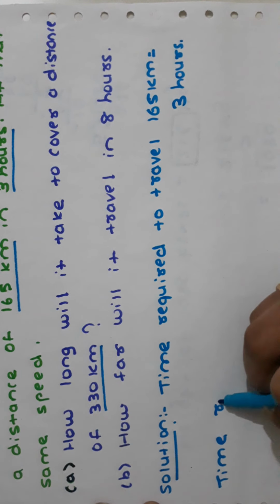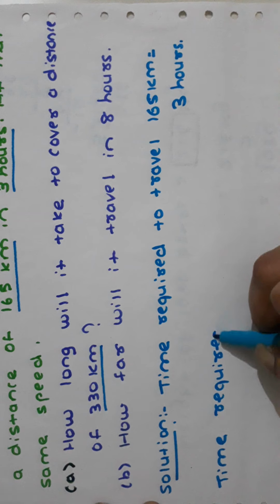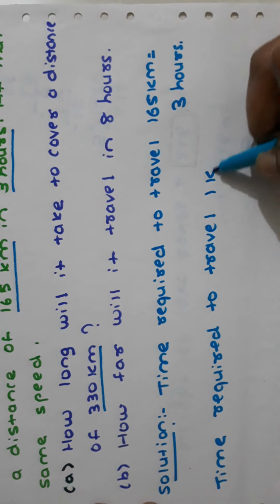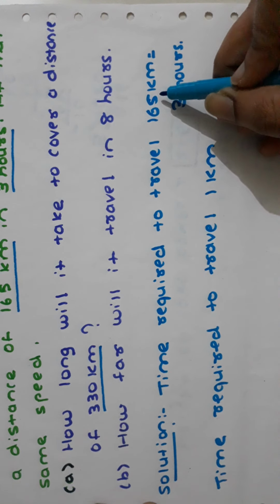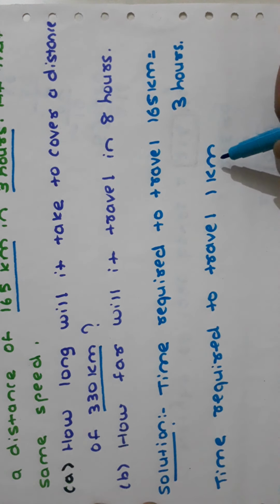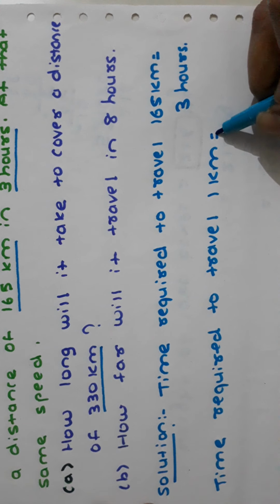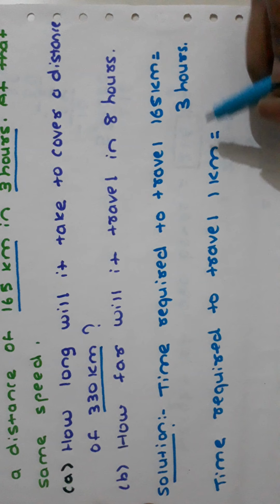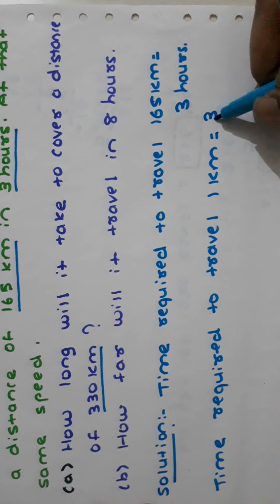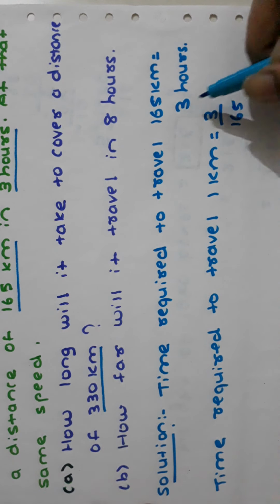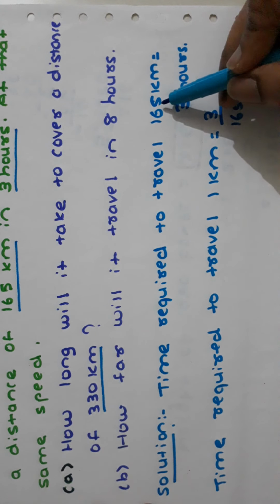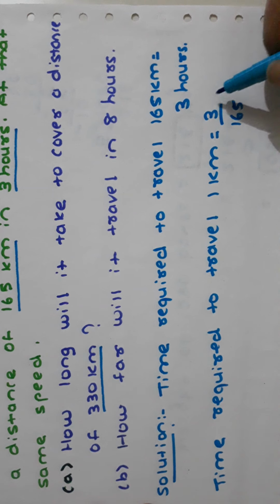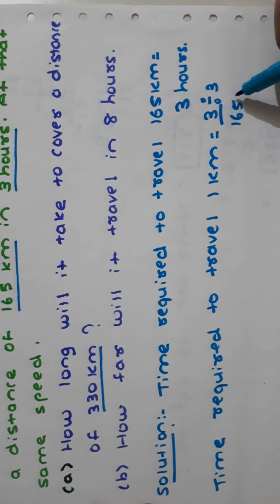So from 165 km, we will find the time required to travel 1 km. So time required to travel 1 km: from many to 1, we will use the operation of division. That is 3 divided by 165, not 165 divided by 3. 3 divided by 165. Both are divisible by 3.